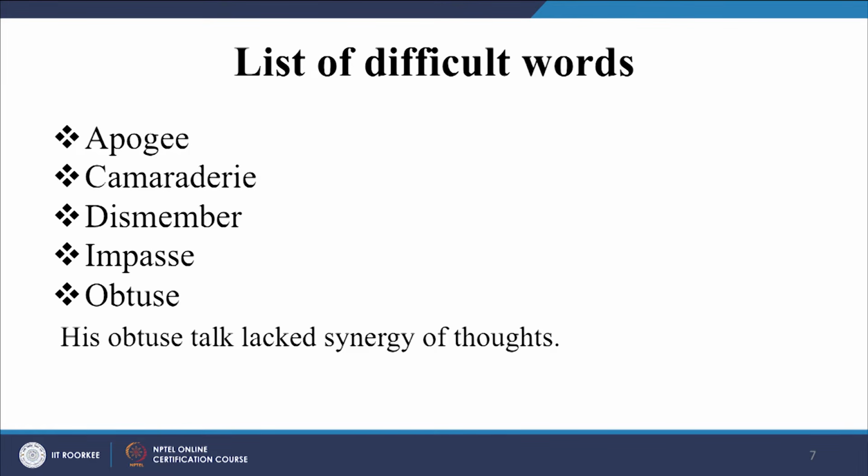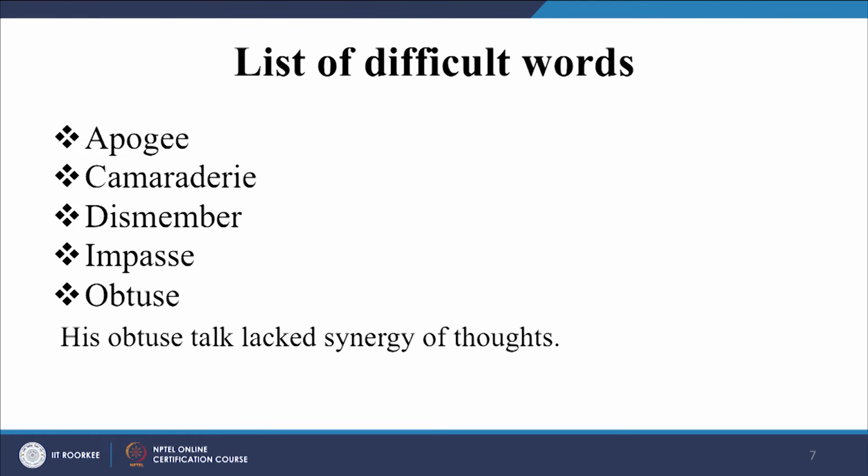These words are difficult. The last word that I have put here very willingly, because most of the time people come across using it, they feel that by using it they perhaps show their air of intelligence. They use a word like obtuse, and even frame a sentence like this: his obtuse talk lacked synergy of thoughts. Now obtuse is a difficult word.